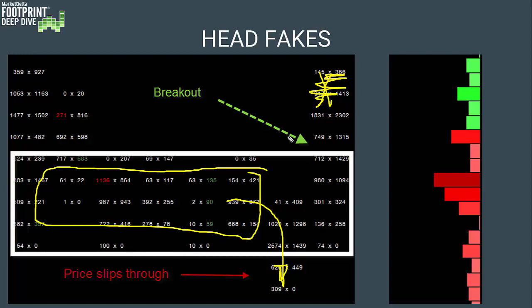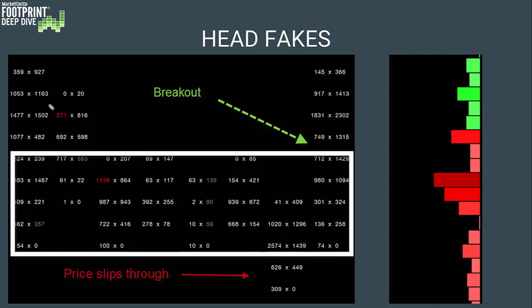So there's one less seller above. If enough people get shaken out long, which is what happens when it dips below and then jumps right back, you've erased a bunch of sell orders above. Doesn't it make it easier for price to go up if there are fewer sellers above? Of course it does.